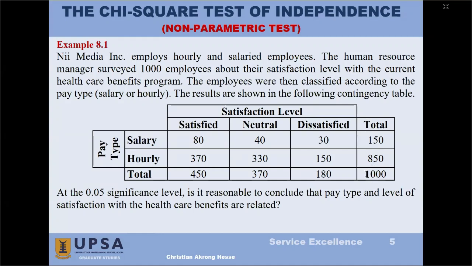And out of the 1,000 workers, 80 of them who are salary workers say that they were satisfied with the new health care benefit program. How do you interpret this 330?